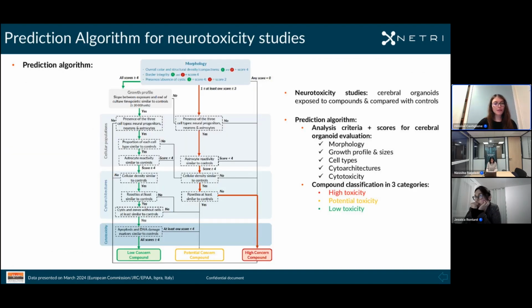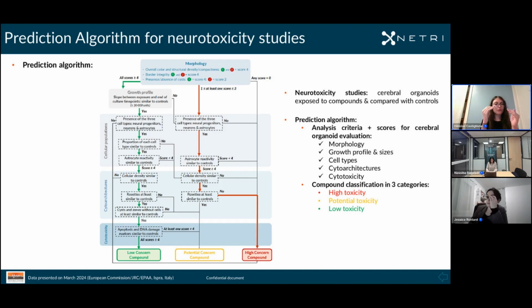And so finally, within the framework of these neurotoxicity studies, in order to better characterize the cortical organoids exposed to a compound and to be able to classify the assayed compound in terms of neurotoxicity level, we have developed what we call a prediction algorithm that relies again on several criteria for organoid analysis and a scoring system, similarly to the quality control that we have presented before, but here tailored specifically for toxicity evaluations.